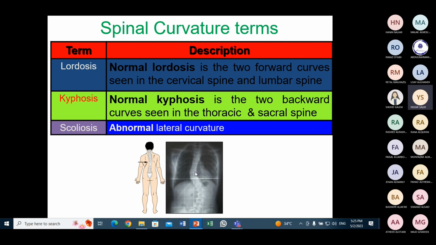So scoliosis is an abnormal lateral curvature towards the left or right, and there are many causes for this. It may be congenital, due to pain, due to fracture, or tumors. Many conditions can cause this lateral curvature of the spine.